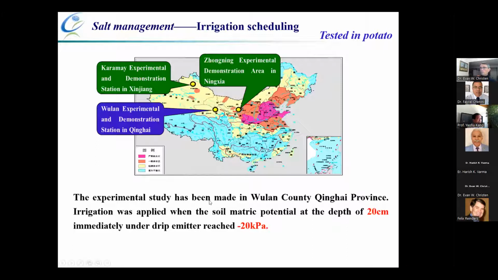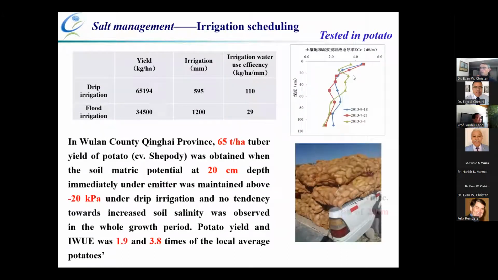In the experiment, we found that when we control the soil matric potential at 20 centimeter depth at minus 20 kilopascal for irrigation scheduling, the yield of the potato under this condition is almost 2 times that under flood irrigation.